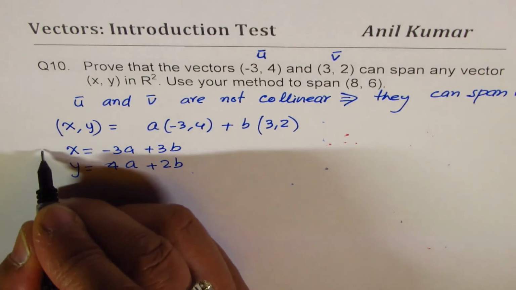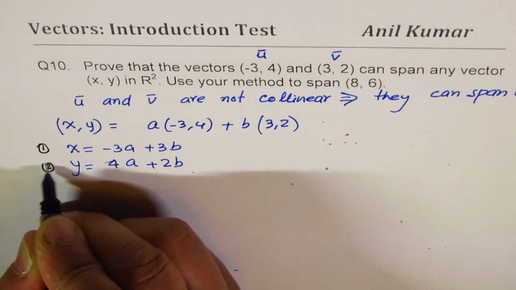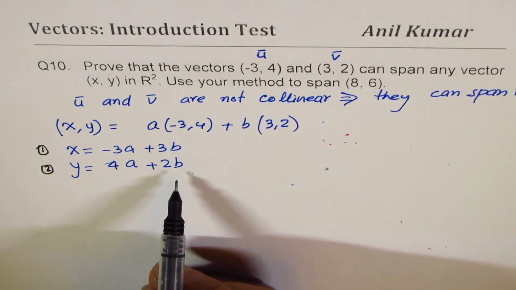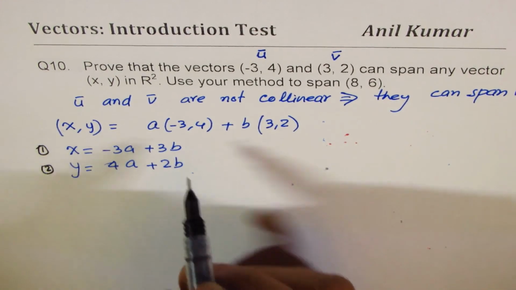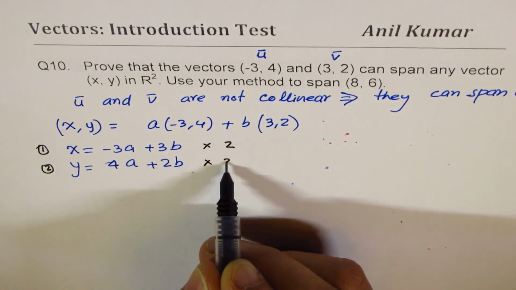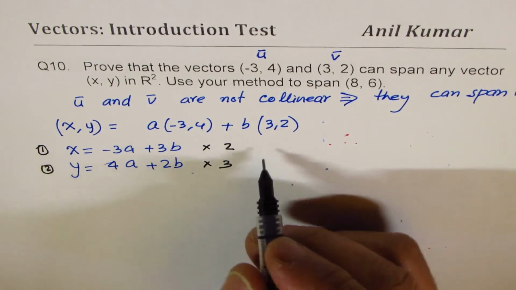So let's call this equation 1, this equation 2. Now to eliminate one of these variables, we can multiply equation 1 by, let's say, 2, and equation 2 by 3. So if we do that, then what do we get?